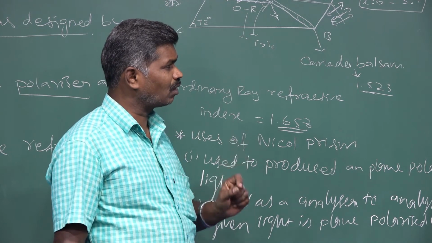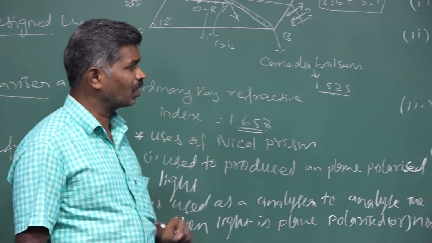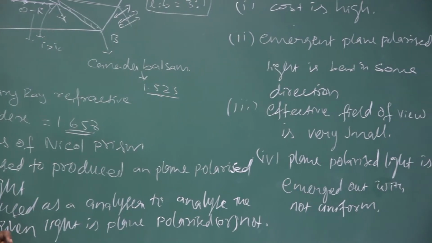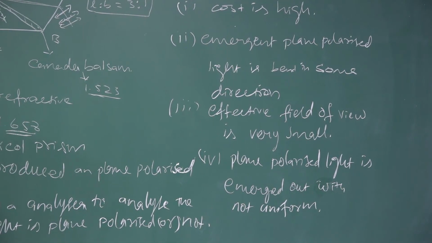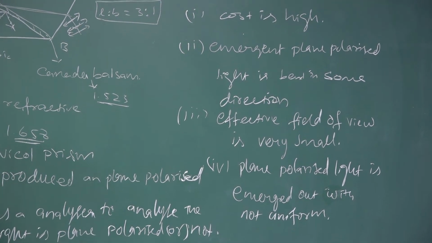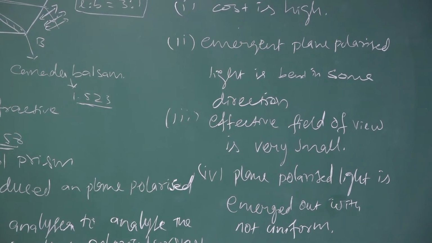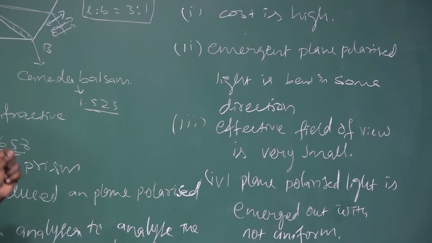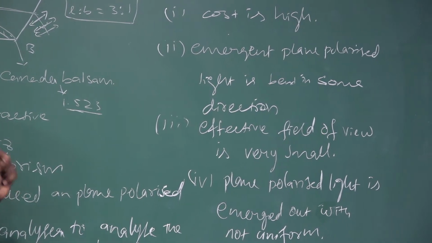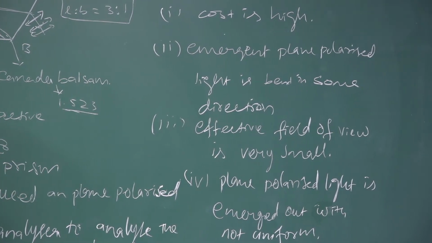The first is that the cost is high, because we cannot produce such a large size of calcite crystal. The second drawback is that the emergent plane polarized light is bent in some directions, not in a definite direction. The third drawback is that the effective field of view is very small.